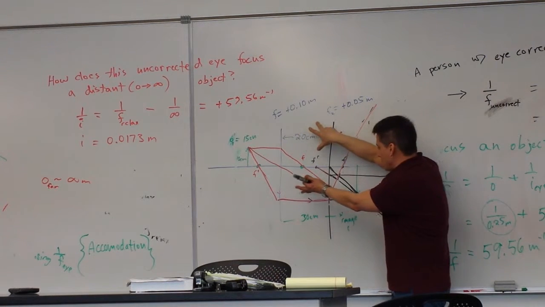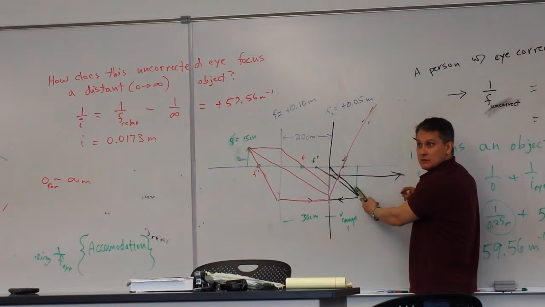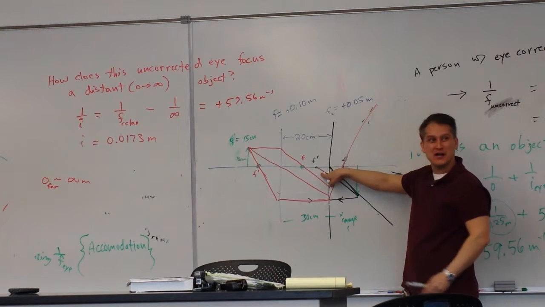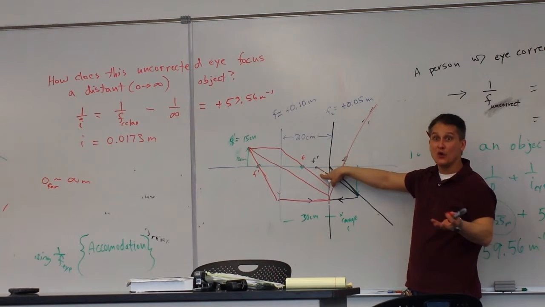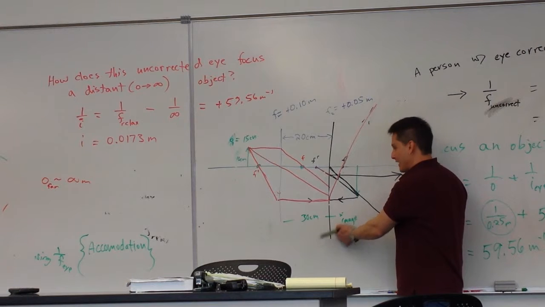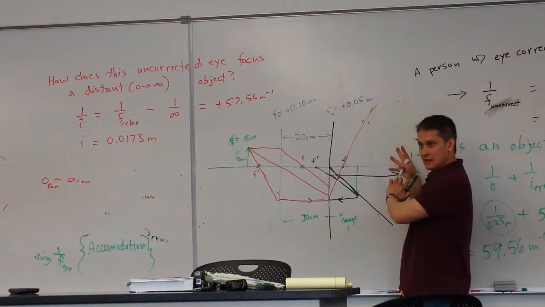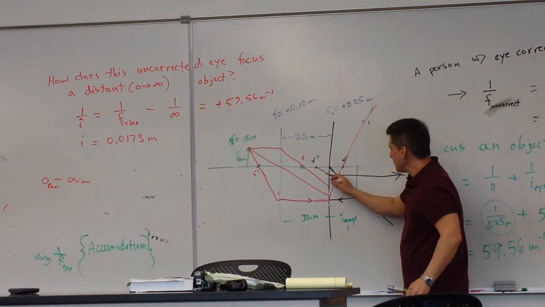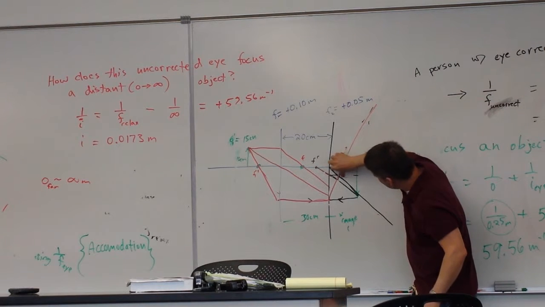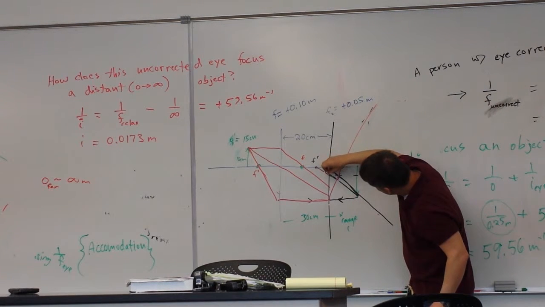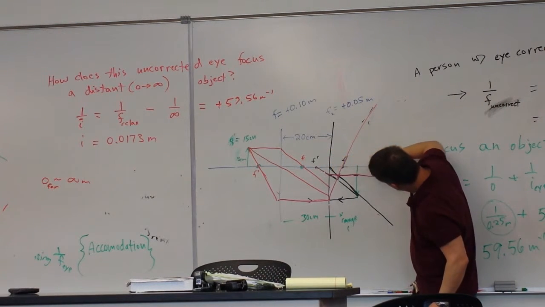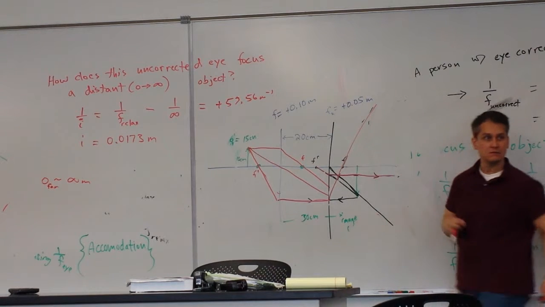All light coming from here converges here. But now it becomes my new reference line. I wouldn't have known this except for using the second lens, this image, and back tracing it. But this light here, then, if I remove the black, is going to come out parallel this way. Reasonable?